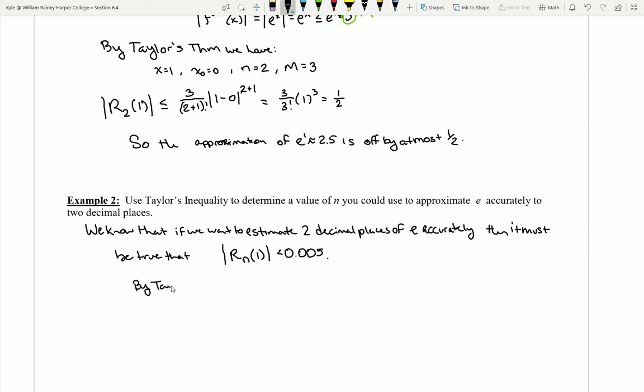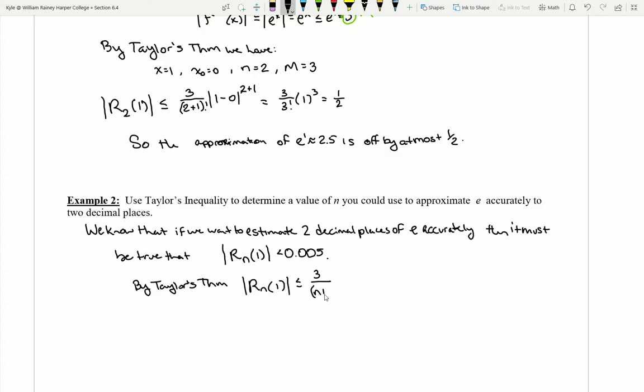I already know that by Taylor's theorem, if I was to actually calculate this, this would be less than or equal to, and we already saw that this could be, oops, excuse me, not e up there. We saw in the last question, you can even see it written on the page up above, that we were able to express it as follows.